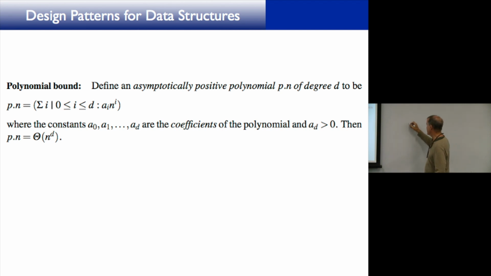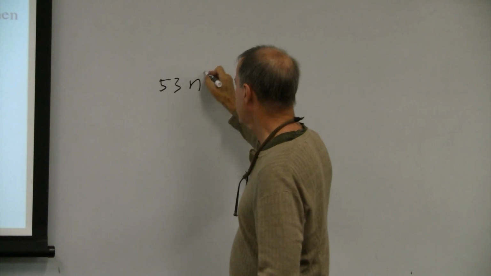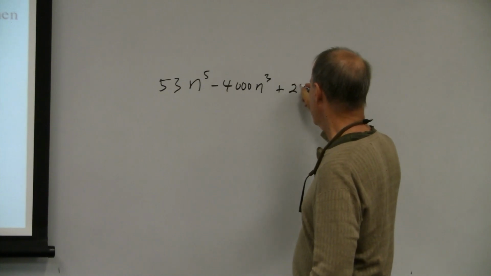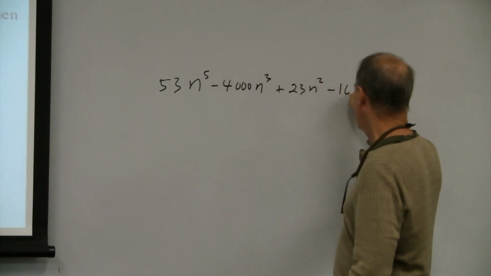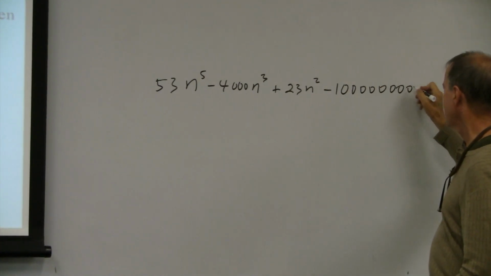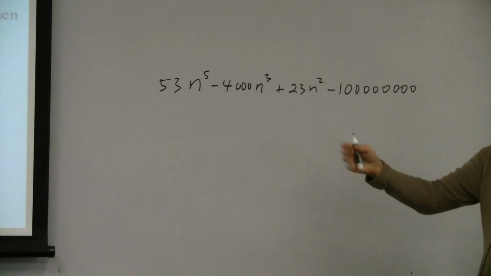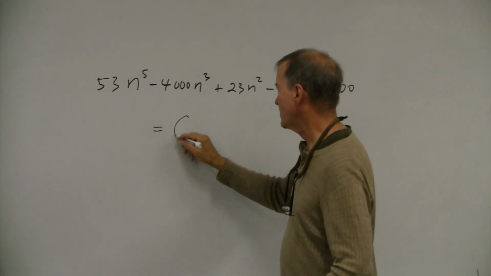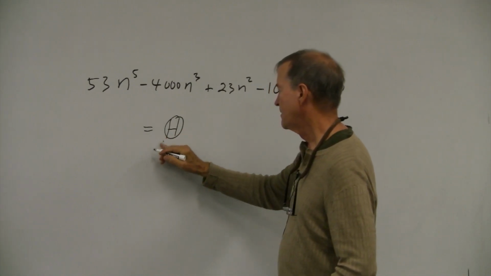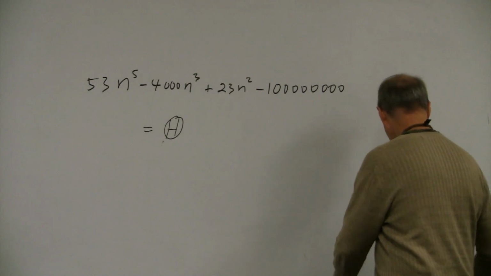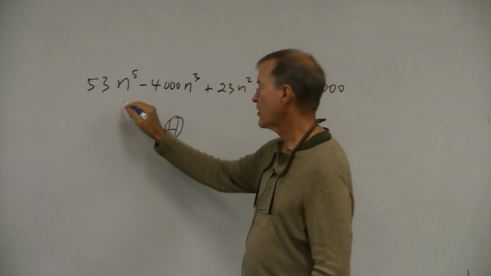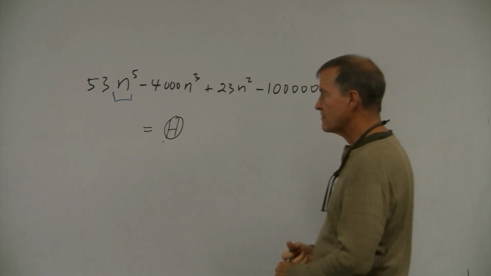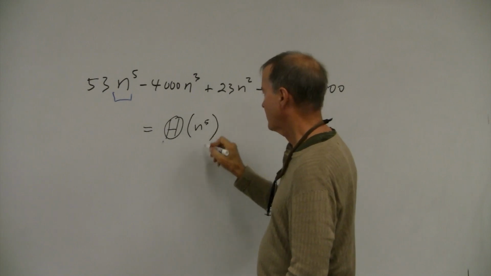And the thing of it is that if you have something like this, 53n to the 5th minus 4,000 n cubed plus 23n squared minus 100 million whatever, you can know right away from this theorem that this equals big theta of what? All you have to do is just look at this. And this theorem says that this is big theta of n to the 5th.